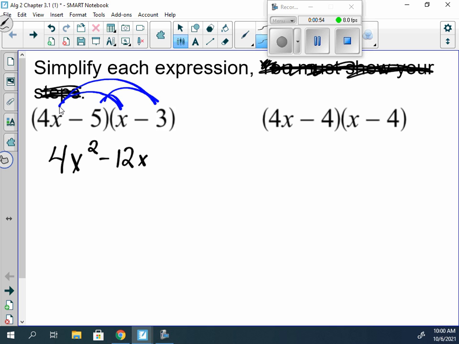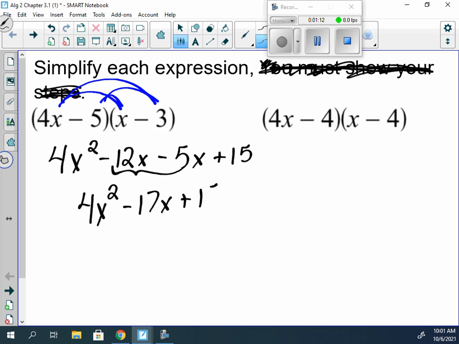Negative 5 times x would be negative 5x, and negative 5 times negative 3 is plus 15. Now we can combine our like terms, the negative 12x and negative 5x, which would give us negative 17x plus 15, and that's it.